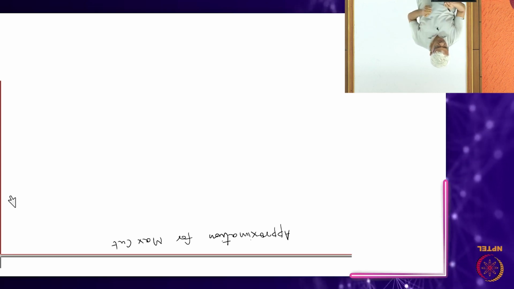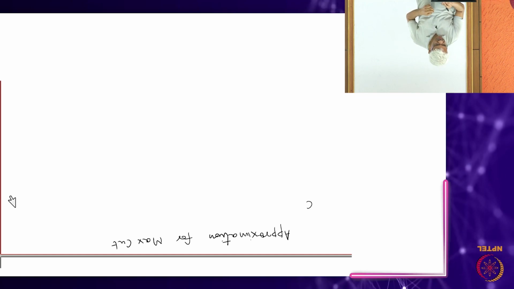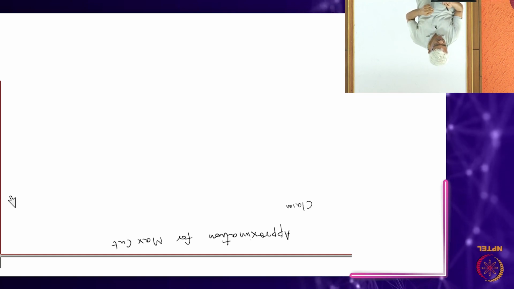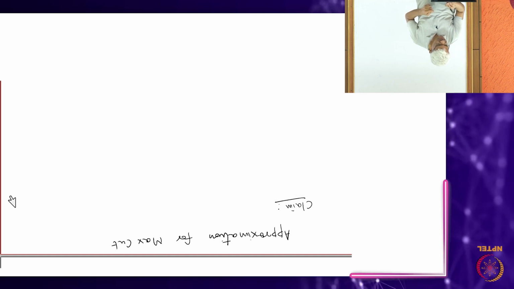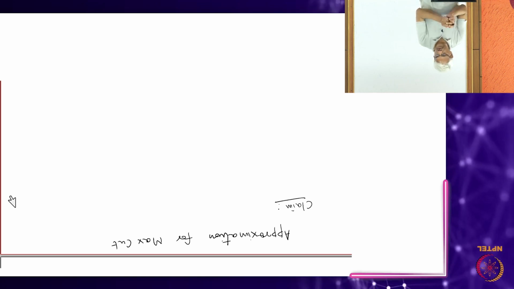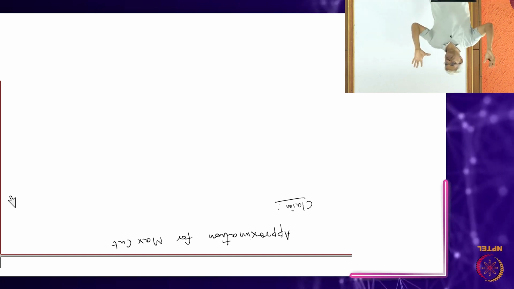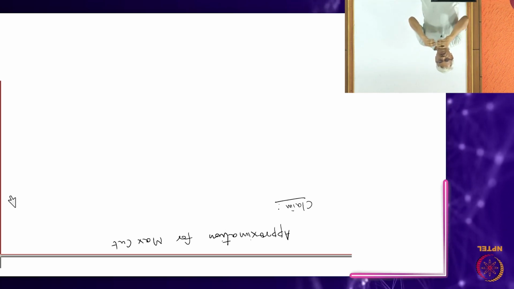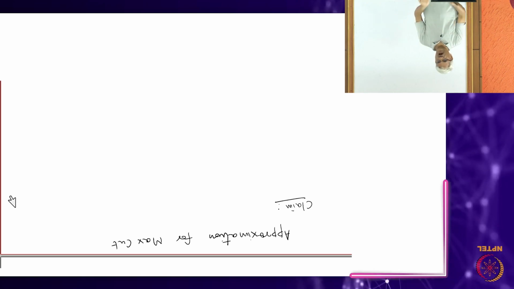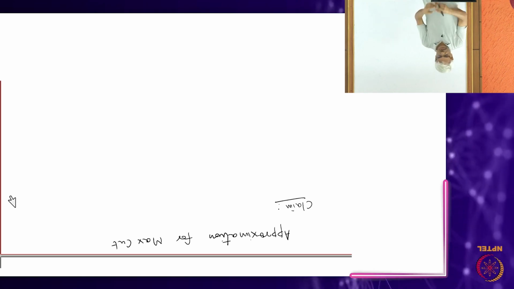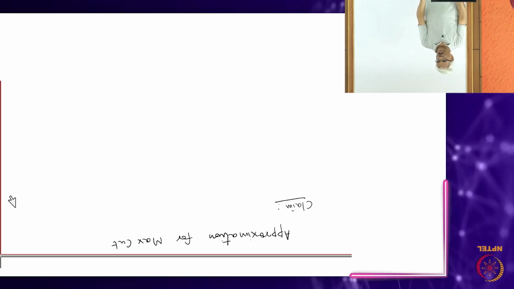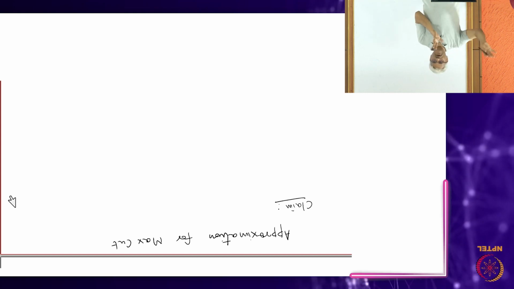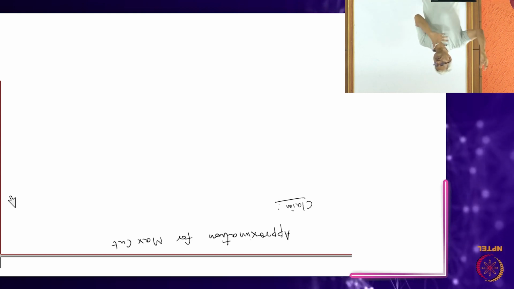So, first what we will show, so finding the optimum is hard. So, I want something close to optimum. I want an algorithm which is fast, polynomial time. It should give you a cut that is not very bad compared to the optimum, but I do not even know what the optimum is.